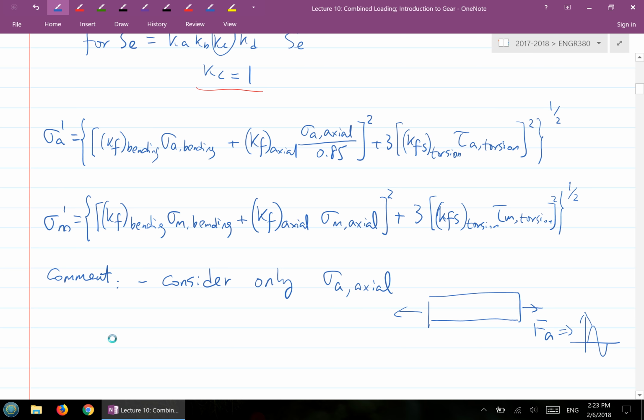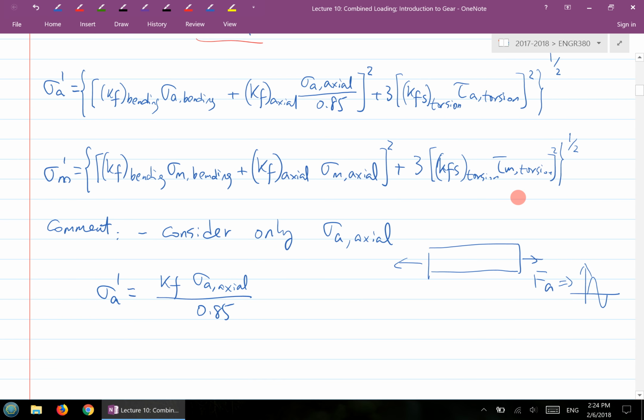Looking at this formula, the other terms don't exist, so only this term exists, to the power 2 and then 1 over 2, the square root. So sigma A prime just becomes the KF value times sigma A axial divided by 0.85.